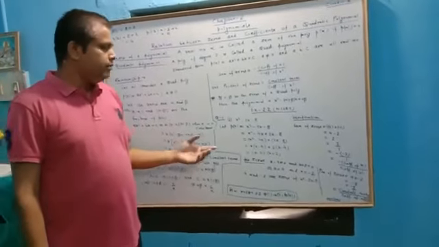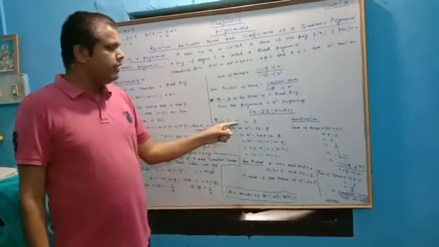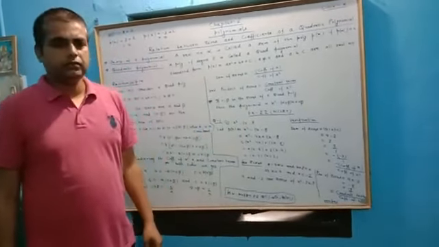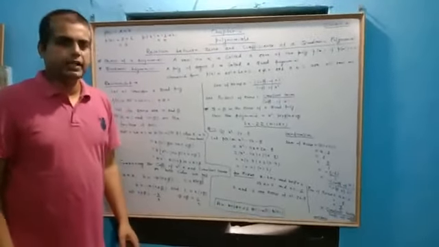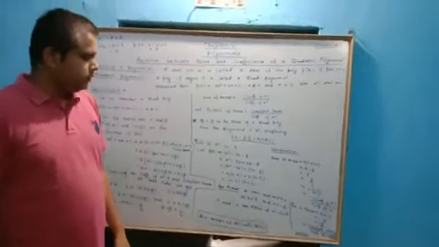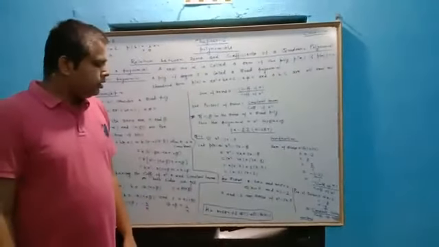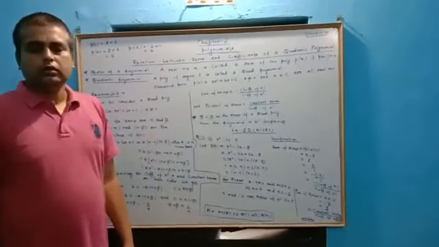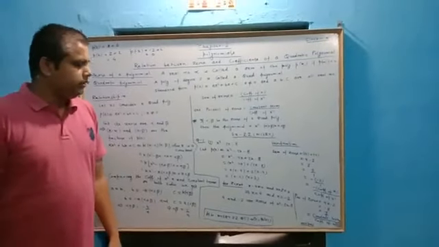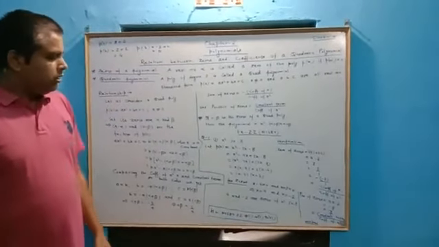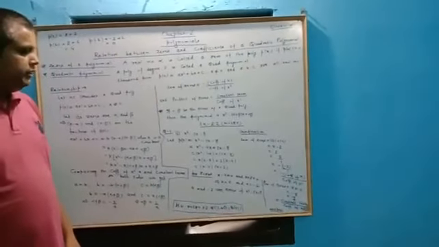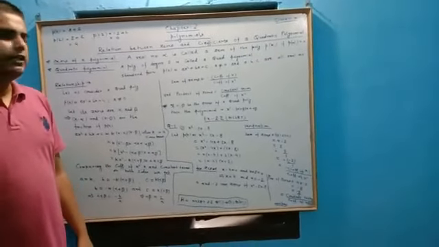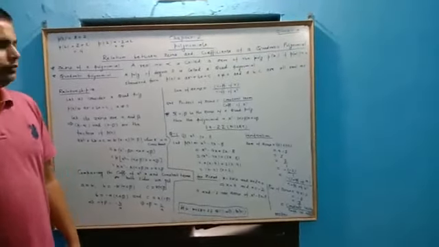Here our problem is x square minus 2x minus 8. How can we find the zeros? That is our first target. And the second target is how can we verify the relationship between zeros and coefficients of a quadratic polynomial.